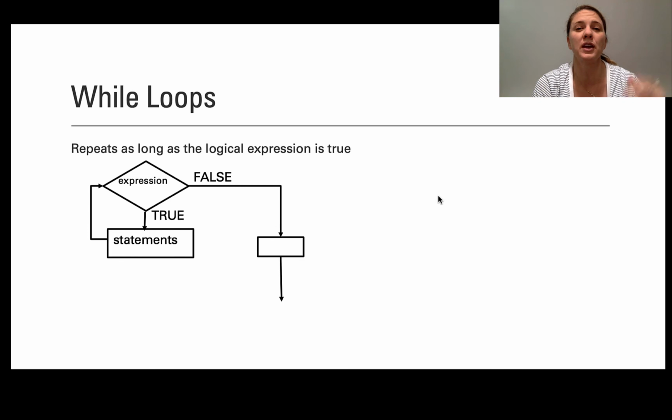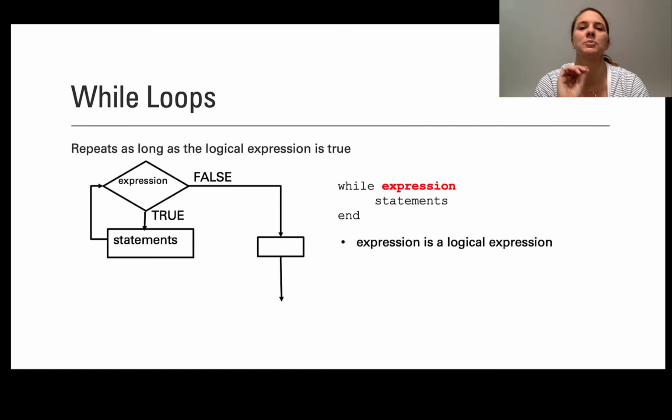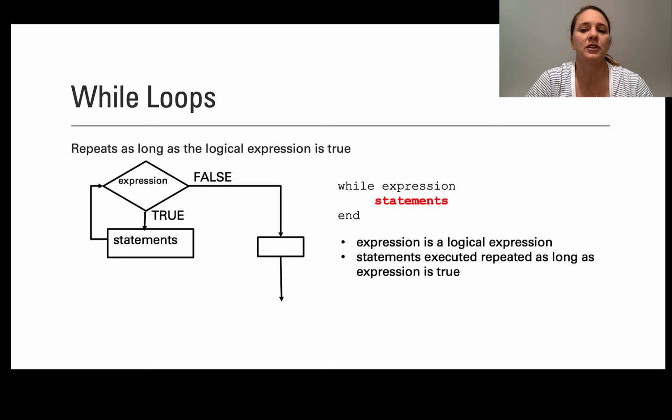There are a few things we need to be careful about when we use while loops. This looks like while expression, statements, and then end. A few things to note here is that expression is a logical expression. So you're going to use those logical operators and comparison operators and try to get a true or false. The statements are executed, that's repeated, as long as the expression is true.